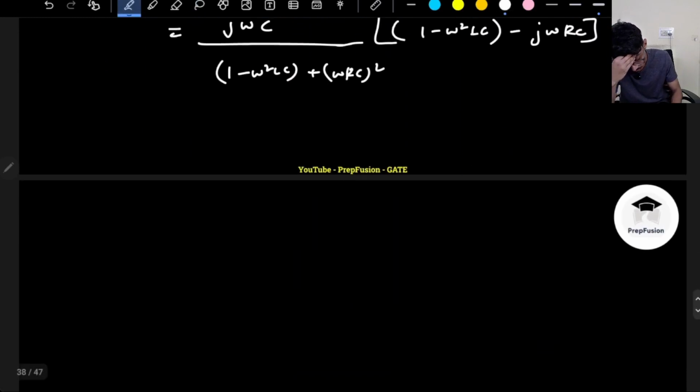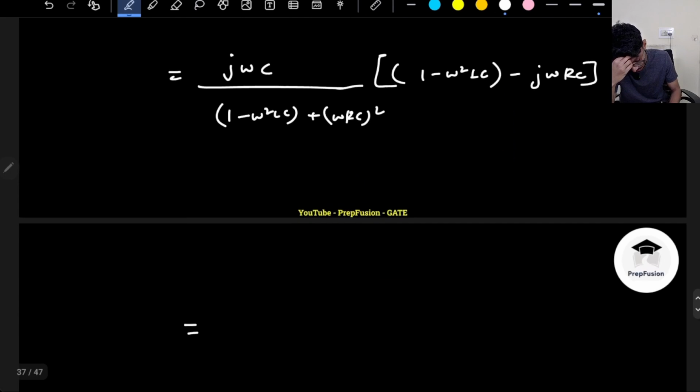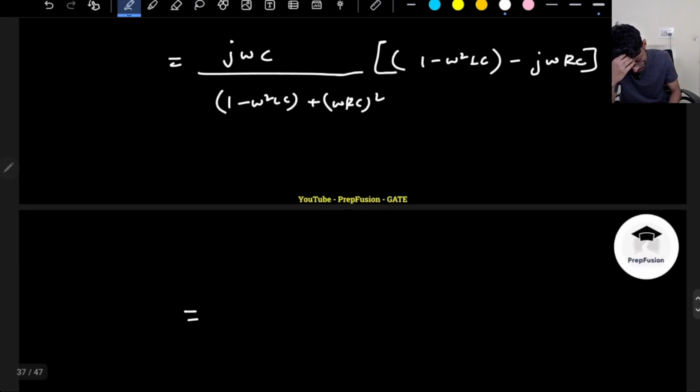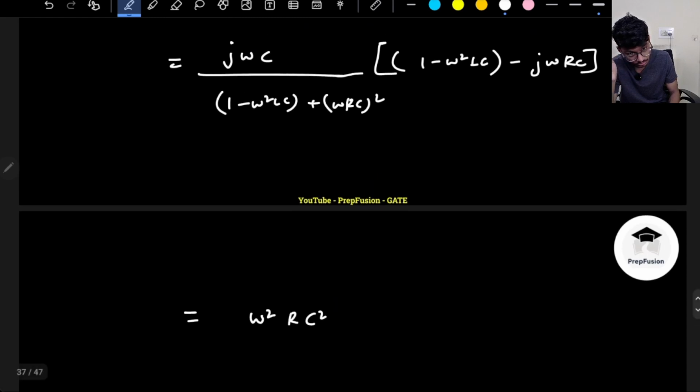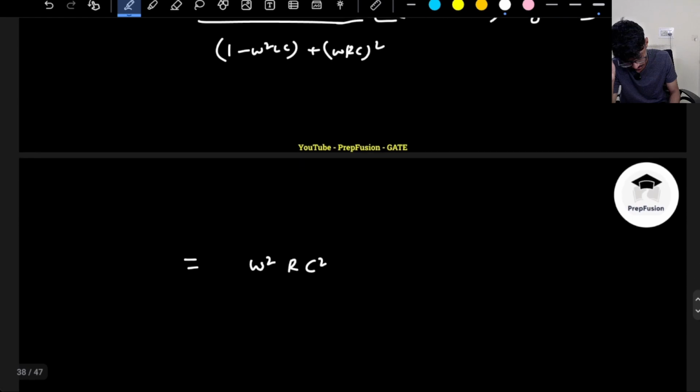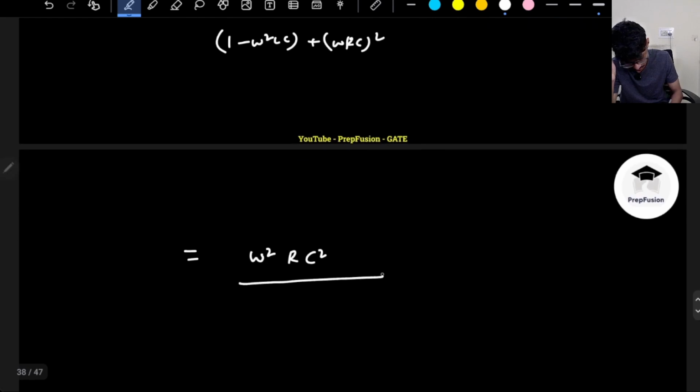So the real portion will be omega square R C square, with omega square LC, plus omega RC.